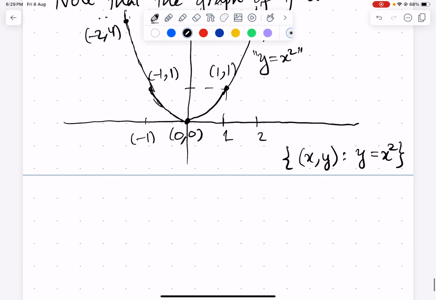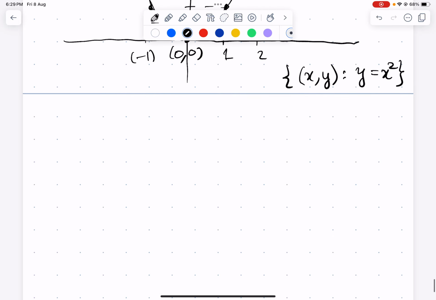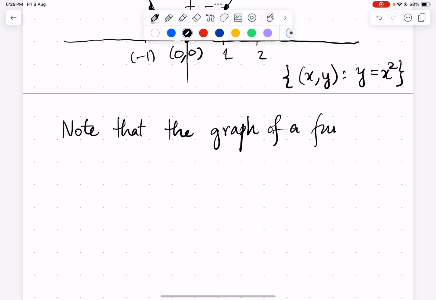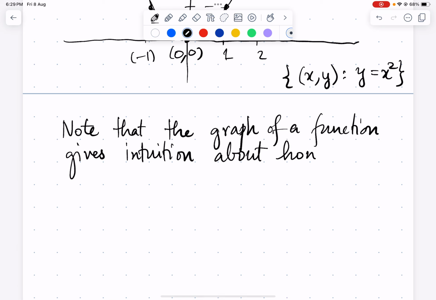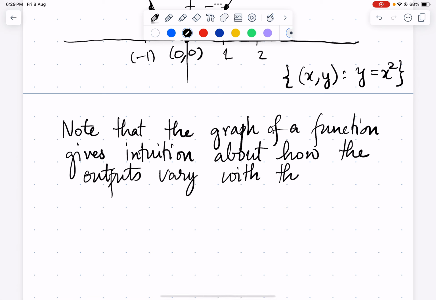Maybe we can make some more observations. Note that the graph of a function gives intuition about how the outputs vary with the inputs.